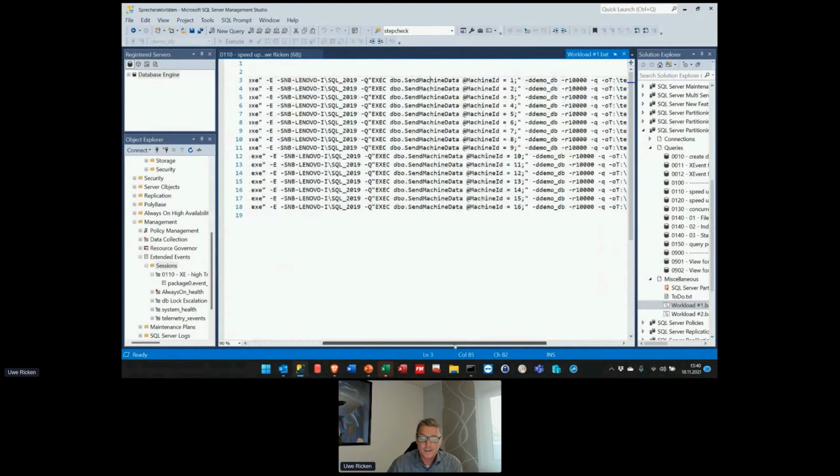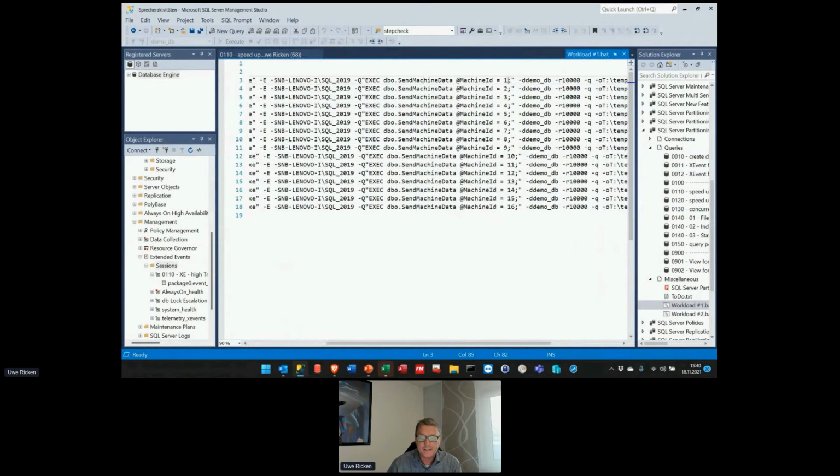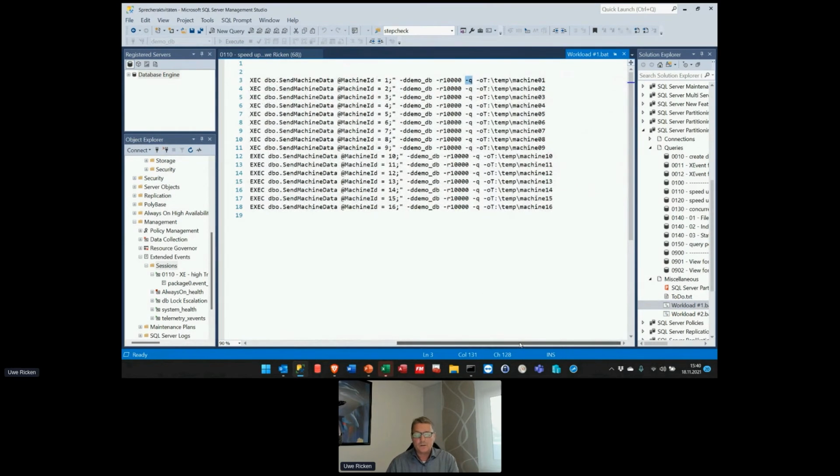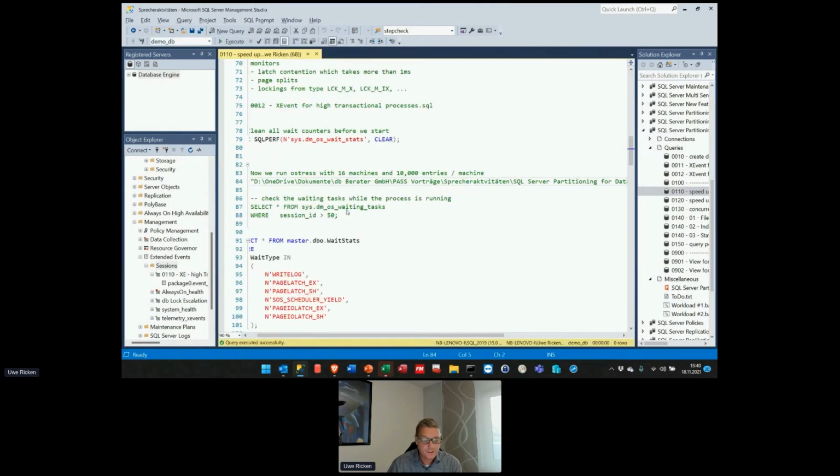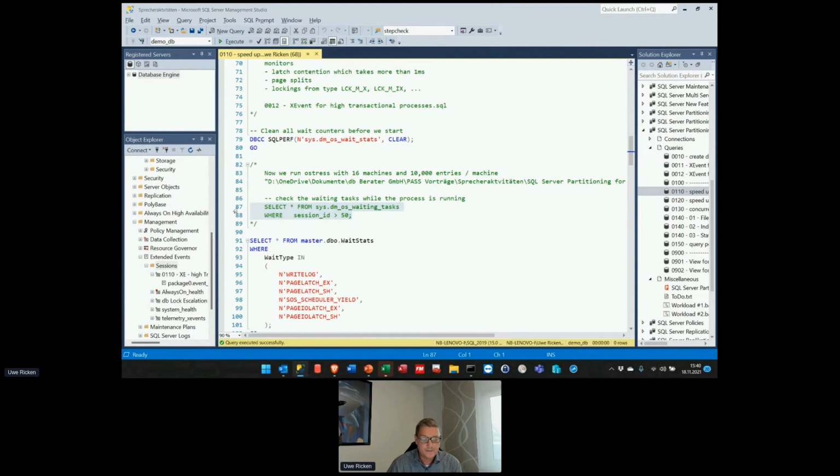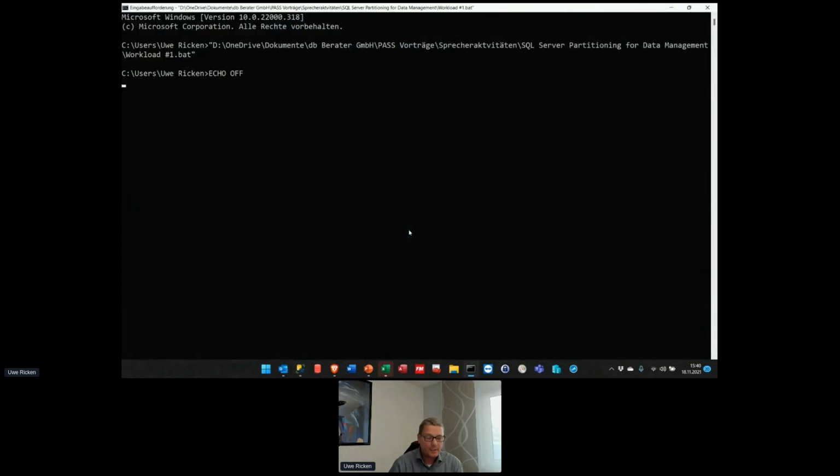The machine ID for every single process is a different one, from 1 to 16. I say, please execute this in the database I created before, and I want to insert 10,000 rows per machine. This is in silent mode so that I don't see anything here, and this is just for the recording. So this batch file now gets started. And while this is running, 1, 2, 3, go.